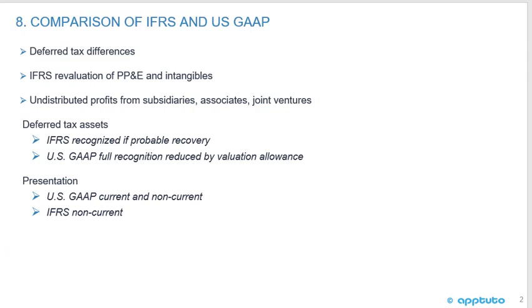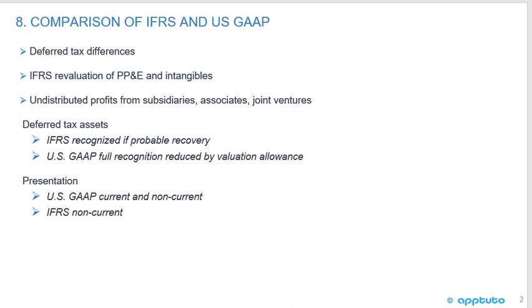So on this slide, just did a couple of points from that chart that I just showed you, comparison of IFRS and US GAAP. So there are some deferred tax differences. For example, IFRS revaluation of PP&E intangibles allowed under IFRS, not US GAAP. Another item, undistributed profits from subsidiaries, associates, joint ventures.